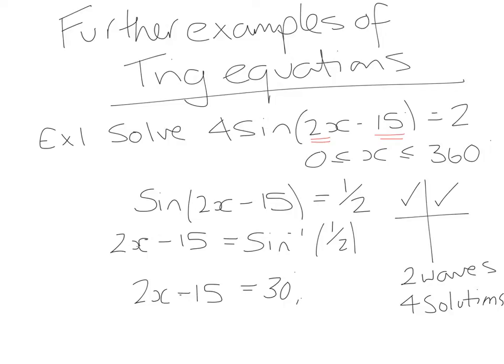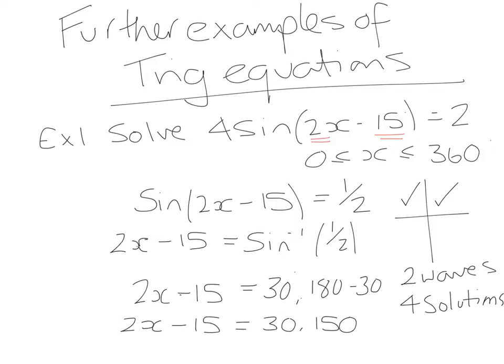For our second quadrant, we need to do 180 minus 30. So we have 2x minus 15 equal to 30 or 150, and that's wave 1. We'll move on to the next slide to find the values in wave 2, which will be the next two solutions. And then finally, to resolve the 2x minus 15 part, we have to do some transposition at the end.